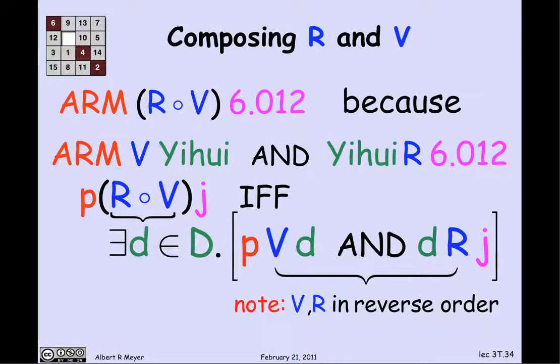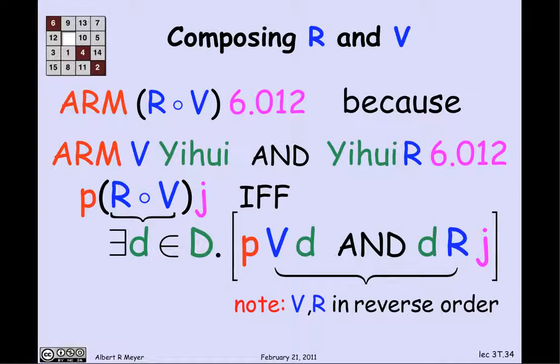By the way, there's a technicality here. When you write the formula P V D and D R J, following the diagram where you start with V on the left and follow a V arrow and then an R arrow, it's natural to think of them as written in left to right order of what you apply first, V R. But of course, that's not the way composition works.